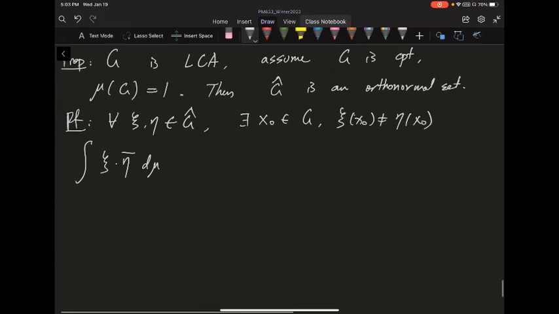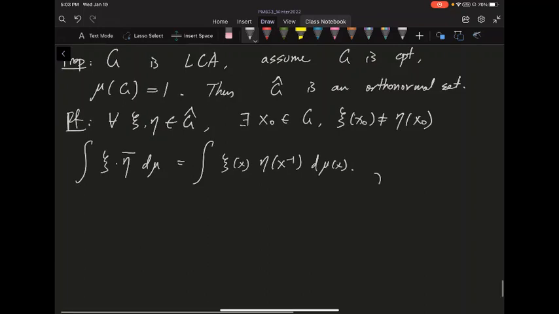If I write out the integral, you have psi of x, and the conjugate of a character is essentially just the character evaluated at the inverse, so this is eta of x inverse, d mu of x. Now what you can do is use the left translation, and translate x by x0.